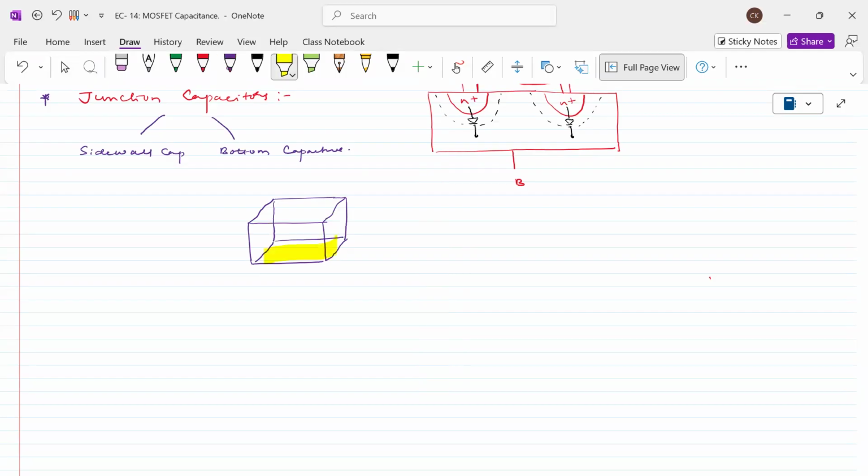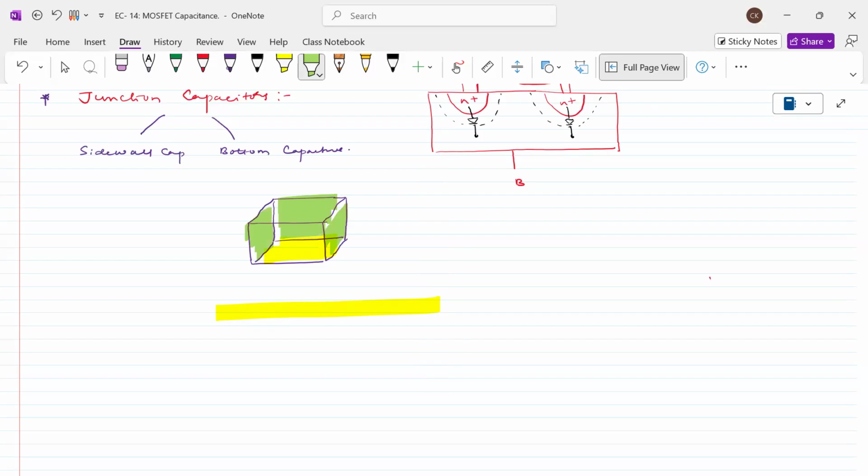The bottom with the substrate will see some kind of capacitance. It is just a junction capacitance. Similarly, sidewall means these things will come into the sidewalls, for all the directions. Is that point clear to everyone?